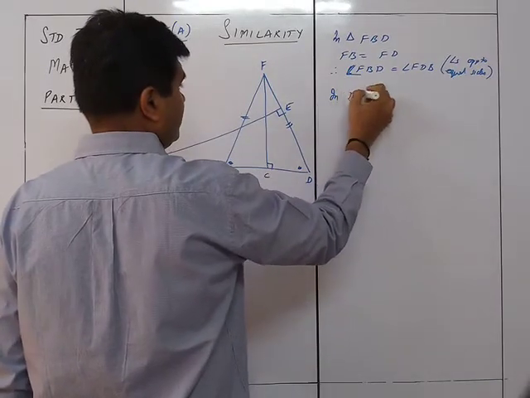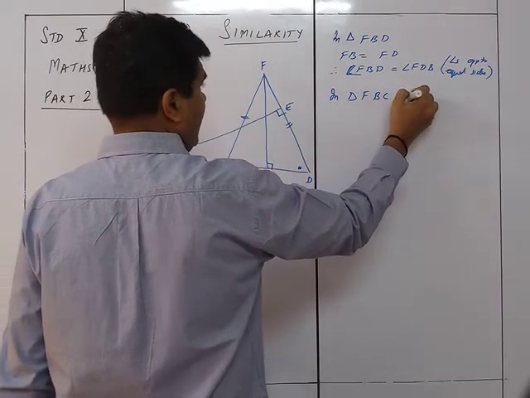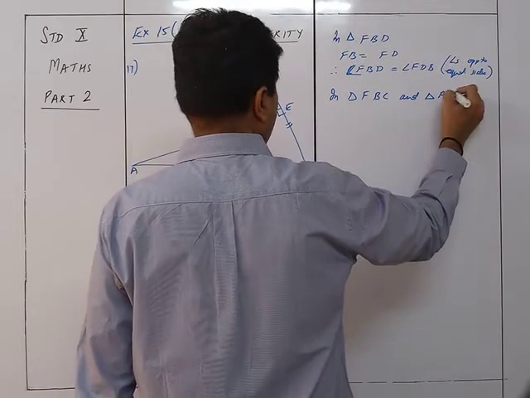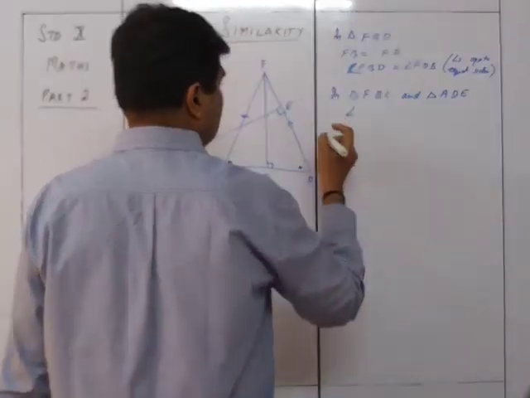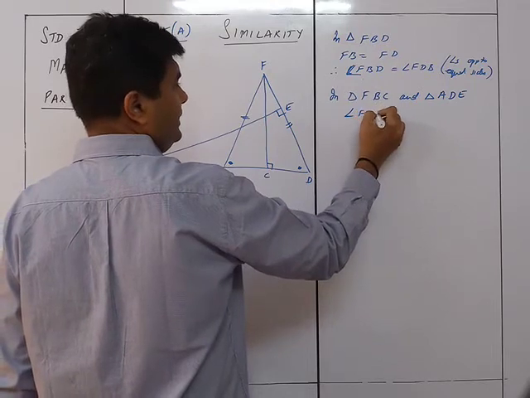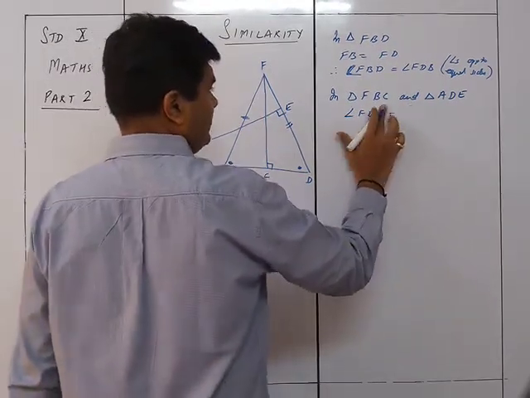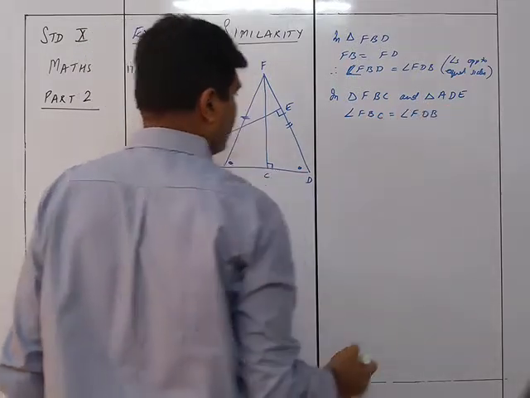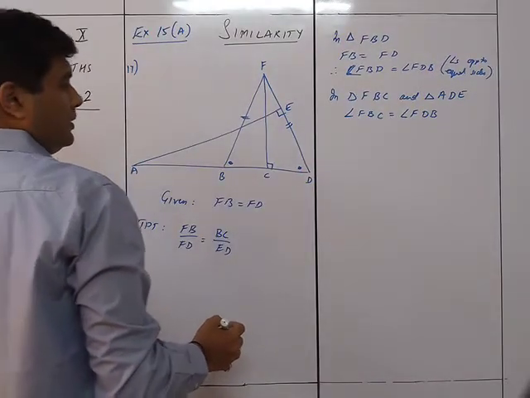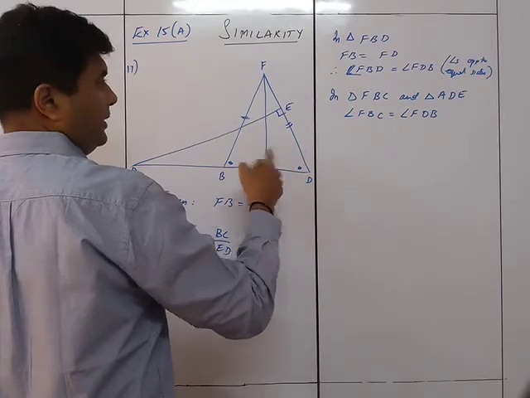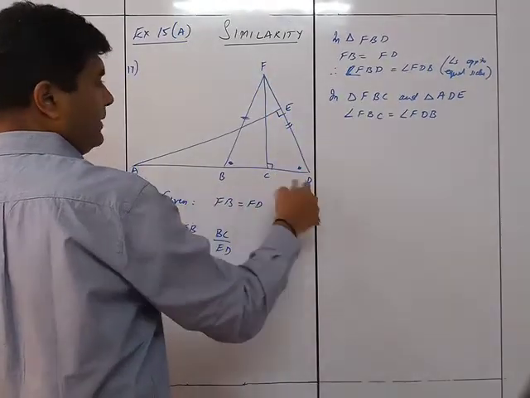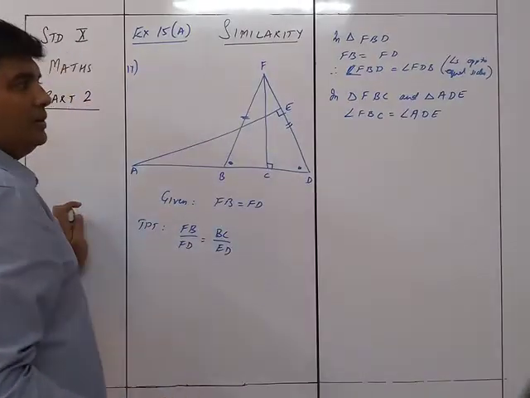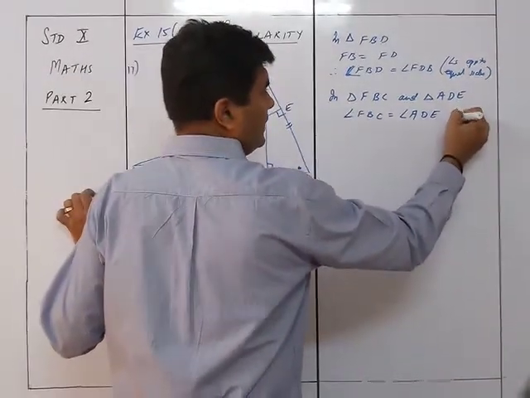Now in triangle FBC and triangle ADE, angle FBD is equal to angle FDB, which is also angle ADE, isosceles triangle.